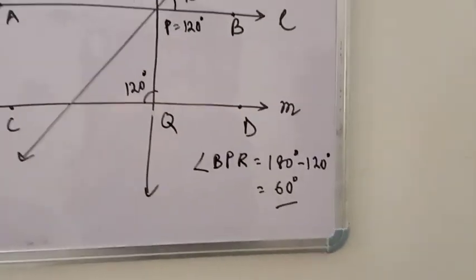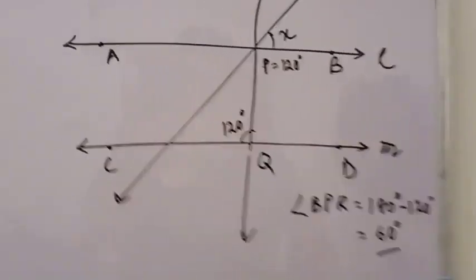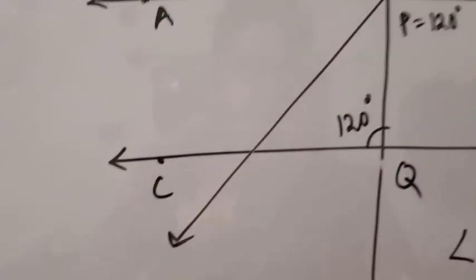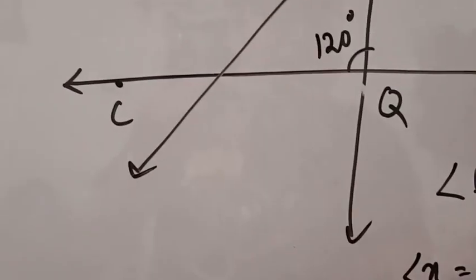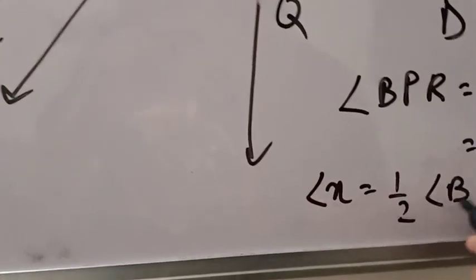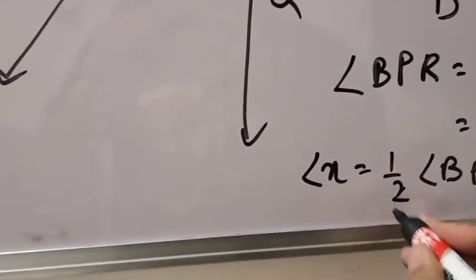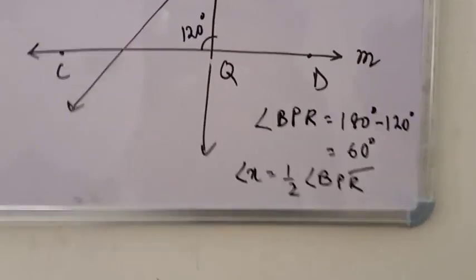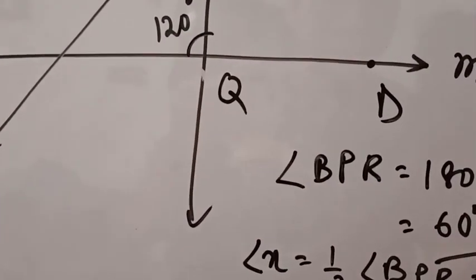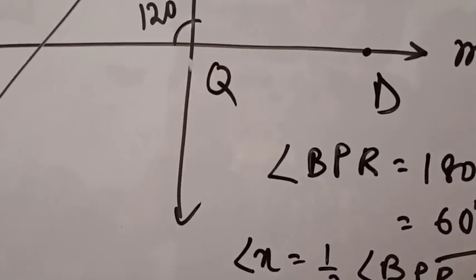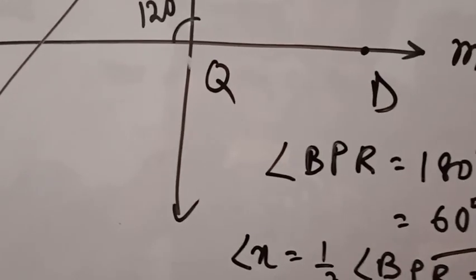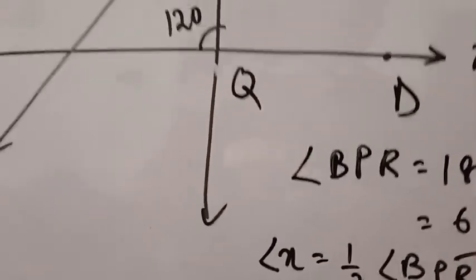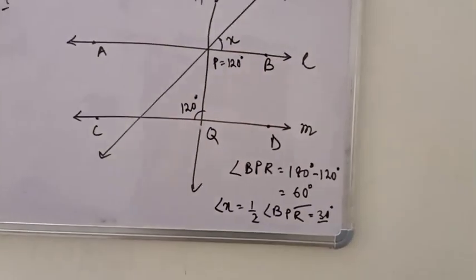Okay, so BPR equals 60 degrees and this is bisected. So x equals half of BPR. Why? Because this is bisected. So this equals half into 60, that is 30 degrees. So x equals 30 degrees is the answer.